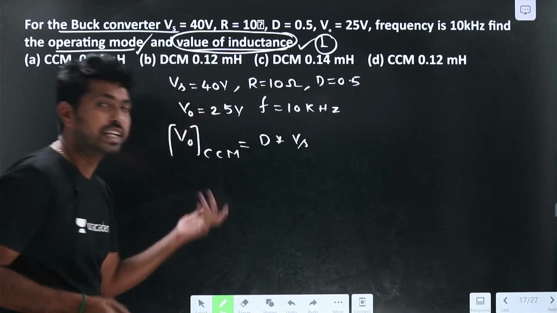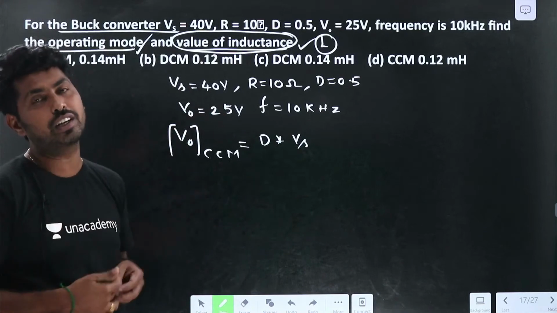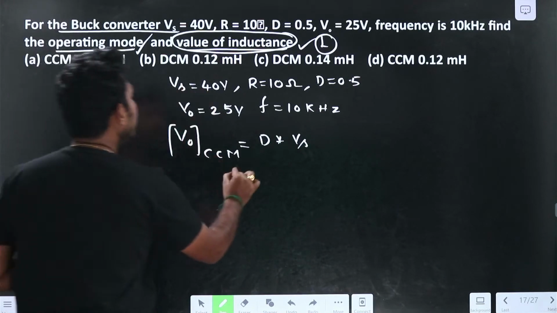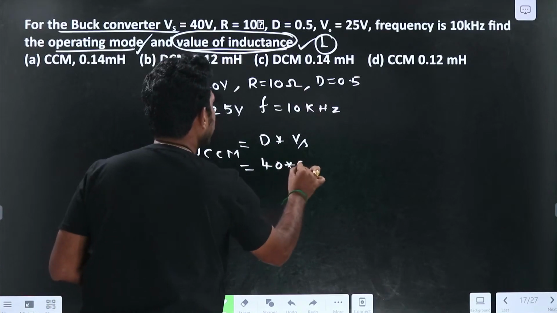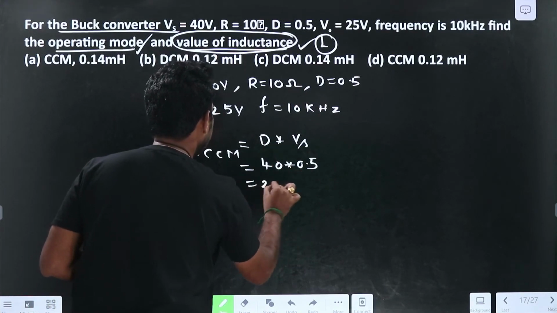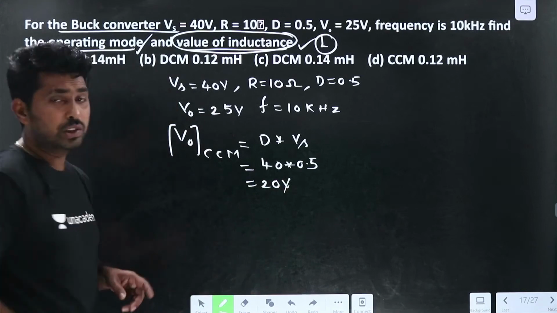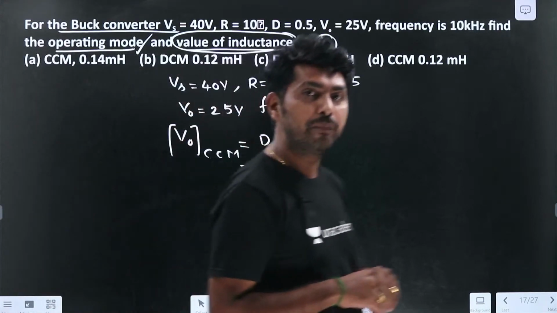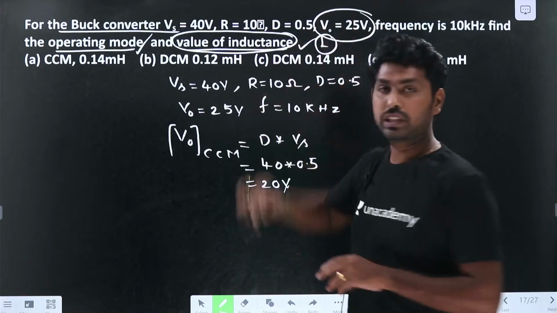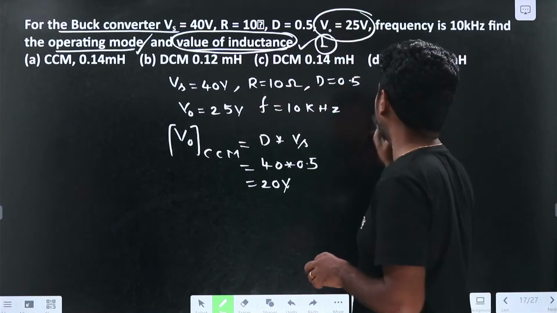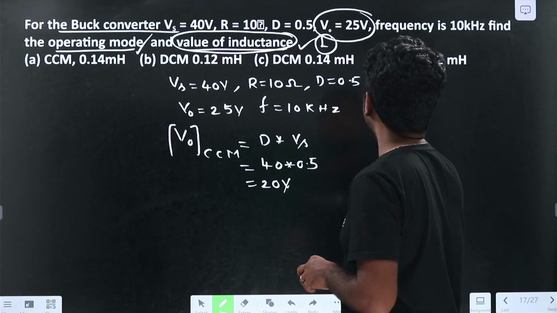Assuming continuous conduction mode, it will be 40 into 0.5, which is 20 volts. But the output voltage given in the problem is 25 volts.